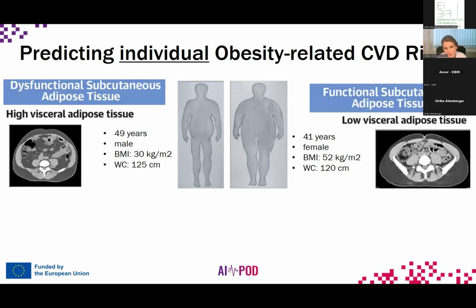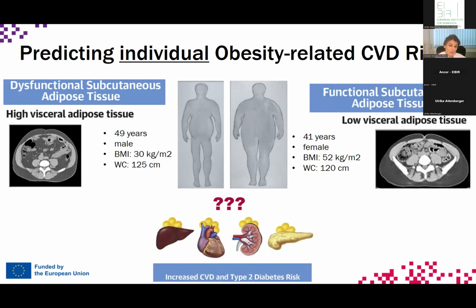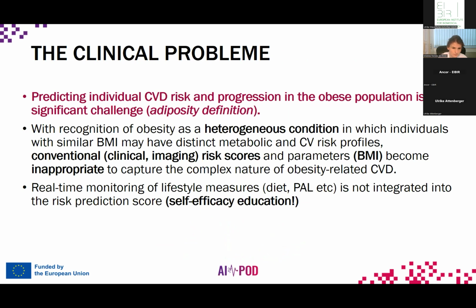And how can we separate this one from other obese patients, maybe at a similar or even equal BMI level, still being at comparably lower or moderate risk for cardiovascular disease and progression? And this is in fact a significant challenge in clinical routine, right? The prediction of the individual cardiovascular risk and progression in patients suffering from obesity.